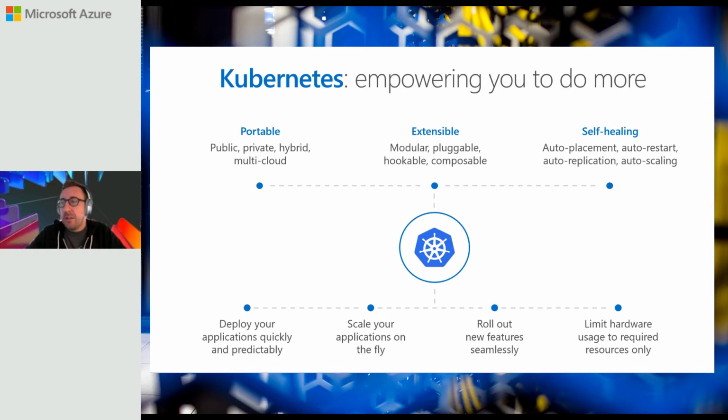You can easily have auto healing by means of auto restart, auto replication and auto scaling. It can be modular and pluggable, and you have support for mesh networking technologies that are being built up today inside of Kubernetes.